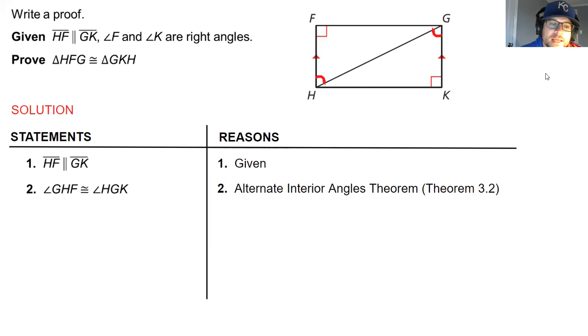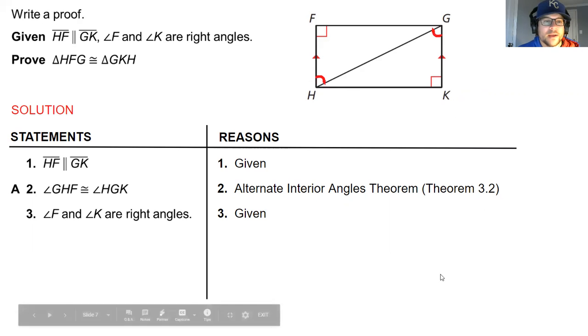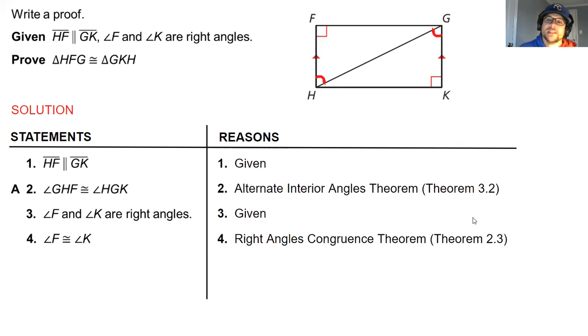And we're going to say that GHF is congruent to HGK, which is this side of the transversal. That's again one of the marked angles. You know that these two angles are right angles, which means they're both 90, which means they're congruent. So the right angle congruence theorem is your reason to say that they are the same. That's another pair of angles.